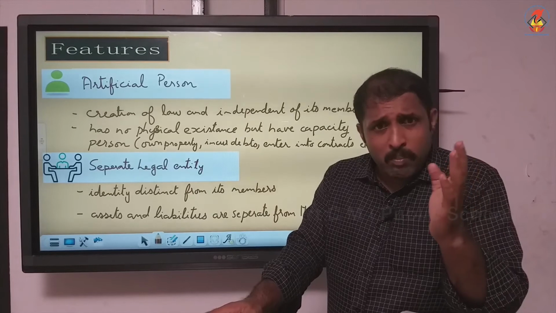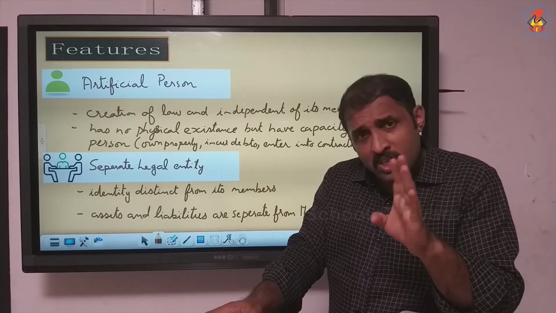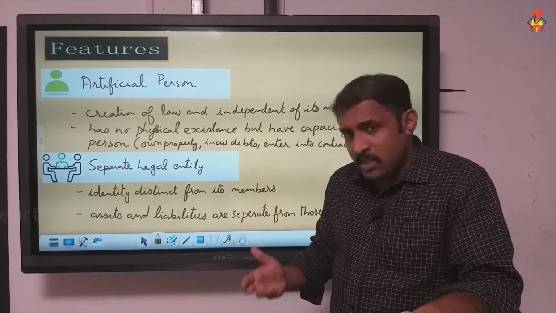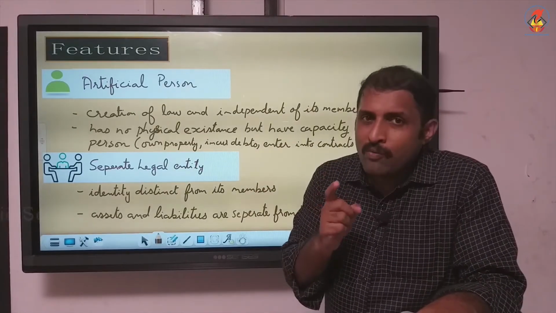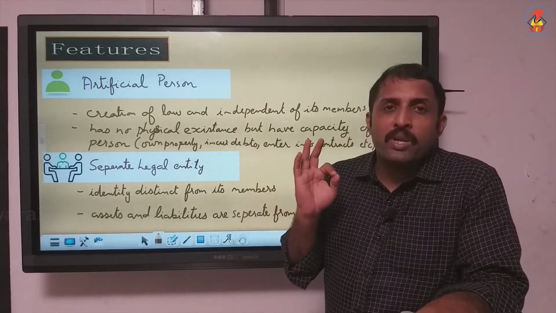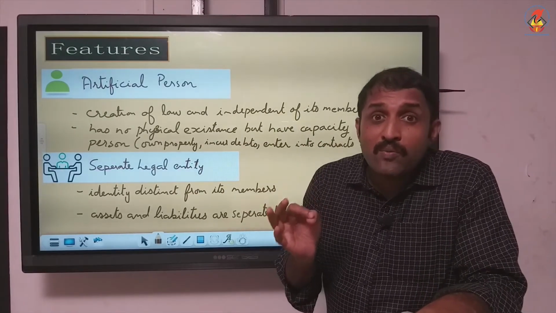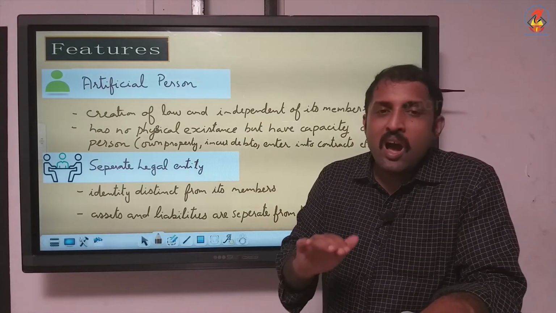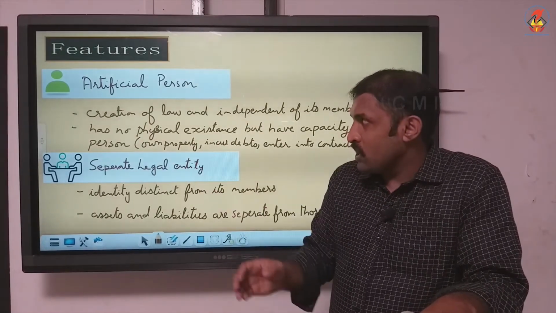So here the joint stock company, once it is registered under the Indian Companies Act, automatically gains the capacity of a person. But it doesn't have physical existence. That is why it is said that joint stock company is an artificial person. That is the first and foremost feature.